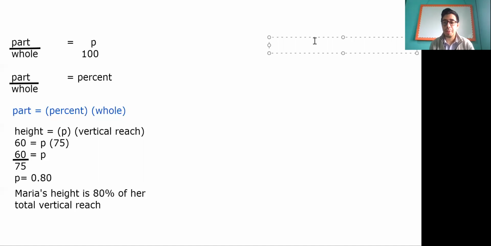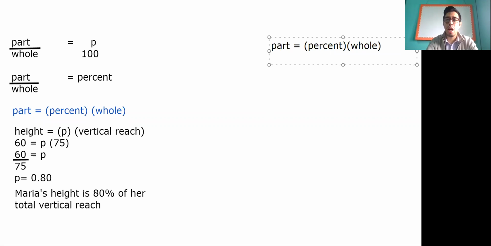So I have the same equation: the part is equal to percent multiplied by the whole. Okay, to solve these exercises, you are going to need this equation. The part is equal to percent multiplied by the whole. So I'm going to replace the values.